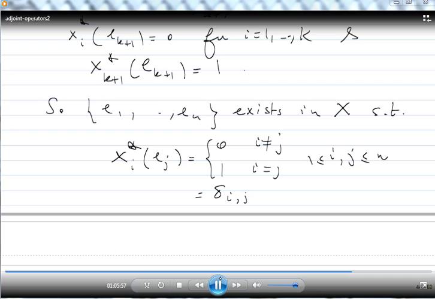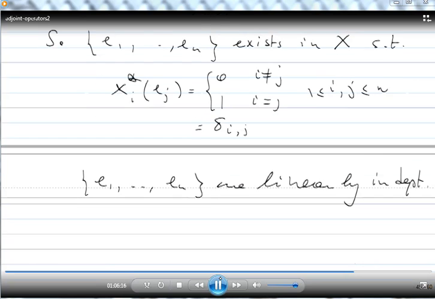They are linearly independent. e1, ..., en are linearly independent. It's not hard, it's a childish proof.